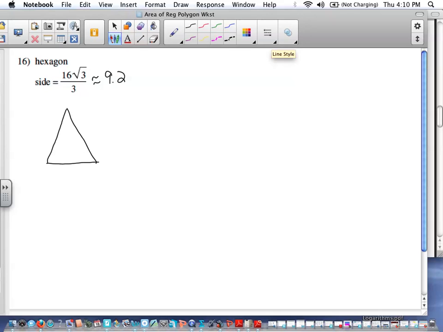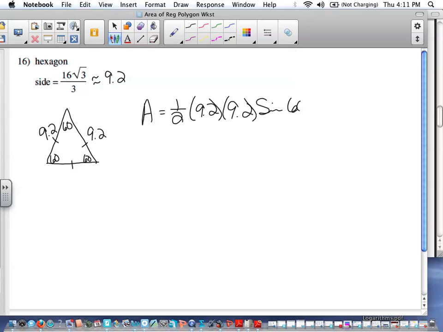If it's a regular hexagon, you know that each of those congruent triangles, and there are 6 of them, you know that the side is 9.2 because they're all congruent sides. This side is 9.2. So the area for this is equal to 1/2 B times C times sine of A. And if you calculate that, you should get approximately 220.2.